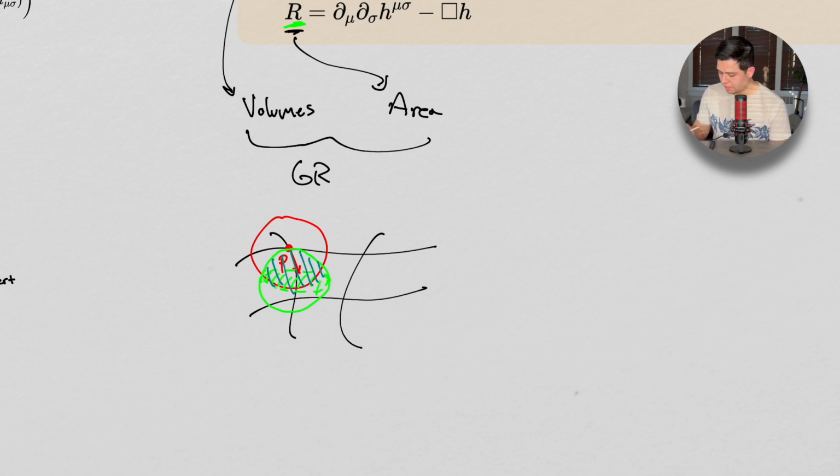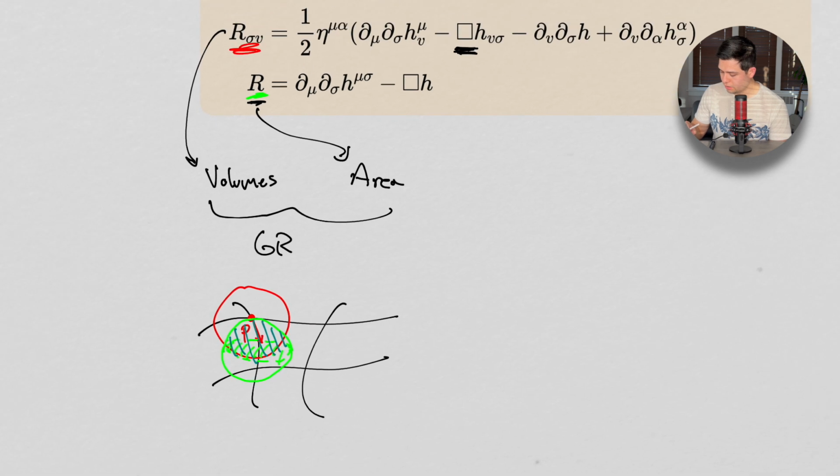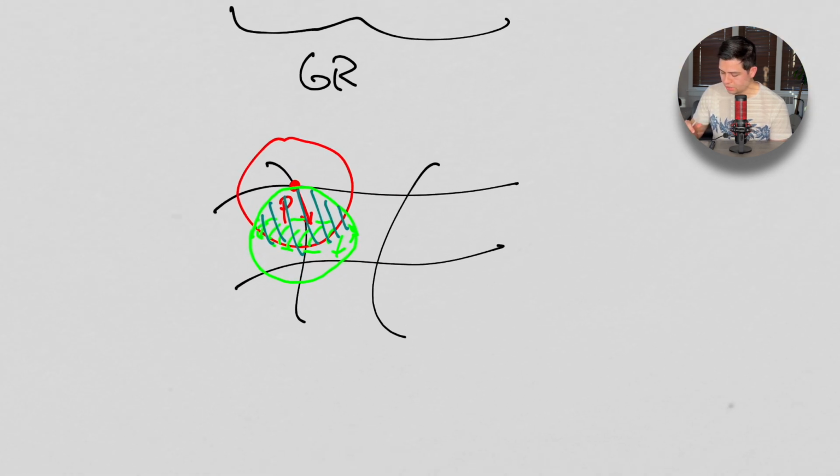Areas can be defined in that way, right, in GR. You can go to my GR playlist and understand this at a deeper level if you want to. What I'm trying to do here is really just tell you that the Ricci tensor is associated with volumes, the Ricci scalar is associated with areas.